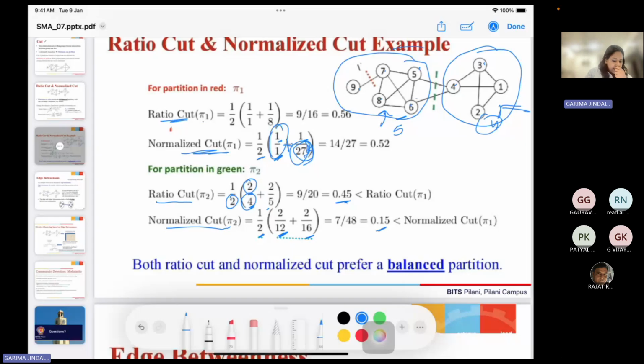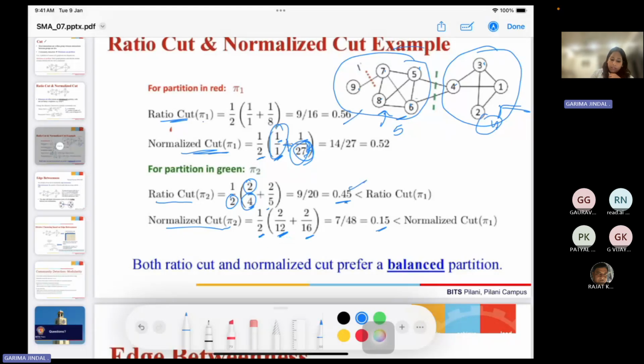Okay, if that is clear, then suppose I have these two partitions, pi 1 and pi 2, and I want to identify which particular partition is better and more balanced. In order to identify that, we use ratio cut and normalized cut, and we need to see which one has the minimum value.